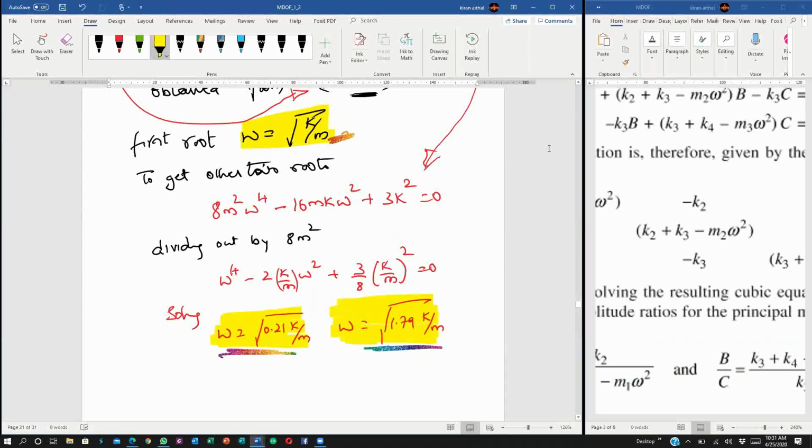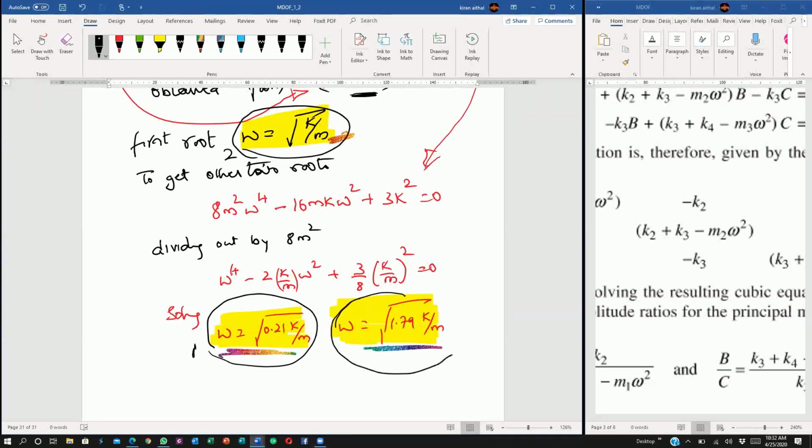As you know, easily I can make out. This will be your first one, correct or not? This will be your first one. Next, which one is the next one? This will be your second one, and this will be your third one.